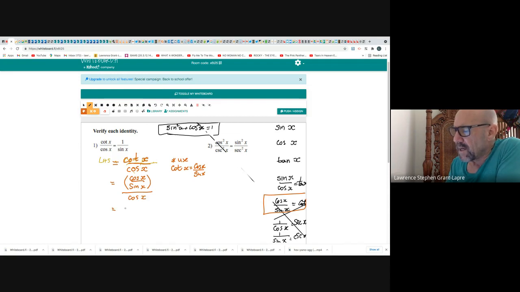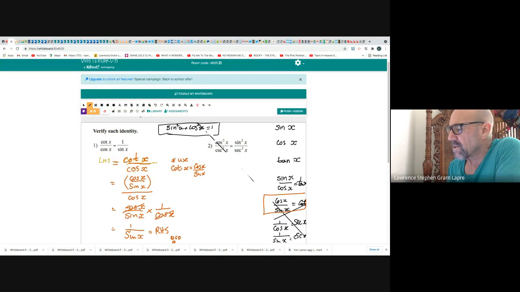I can take that fraction, cos x, the numerator, sine x, multiplied by the denominator, 1 over cos x. So I've just separated those out, and I can cancel that, and we're left with 1 over sine x, and that equals the right-hand side. Okay. QED.